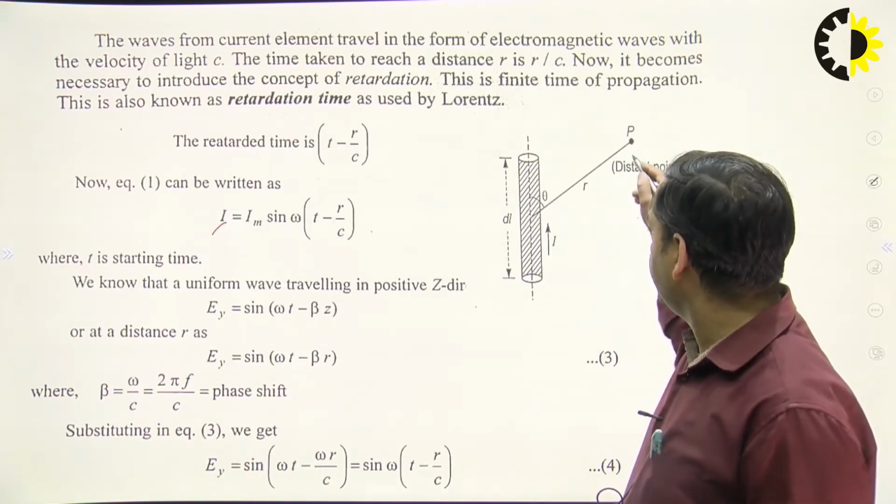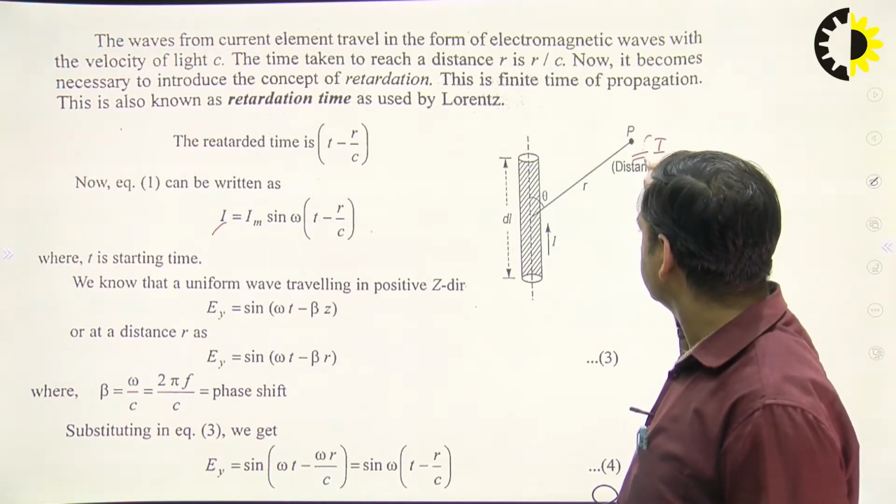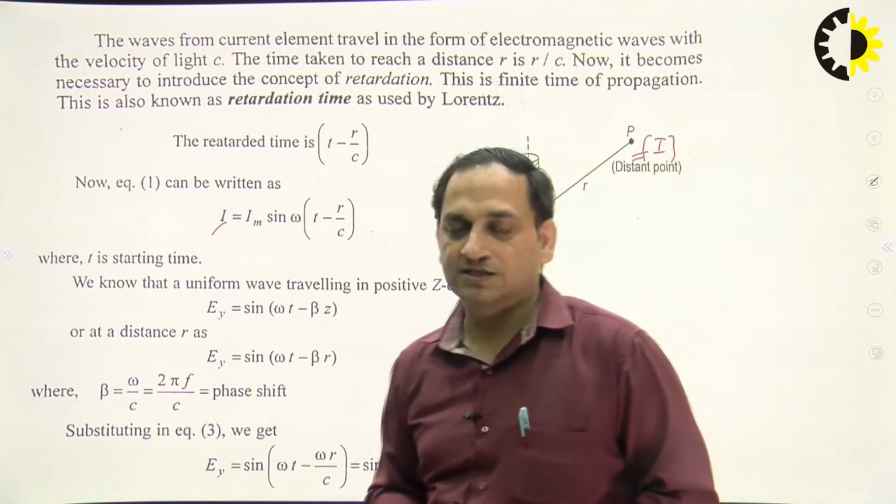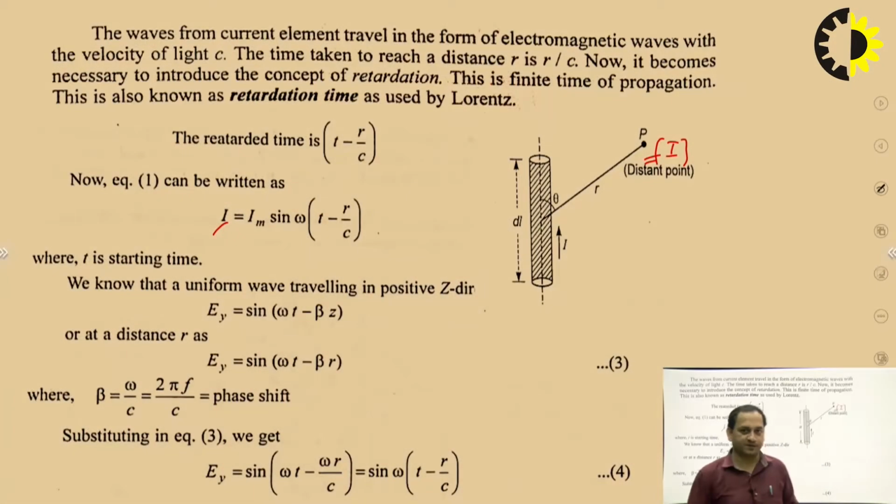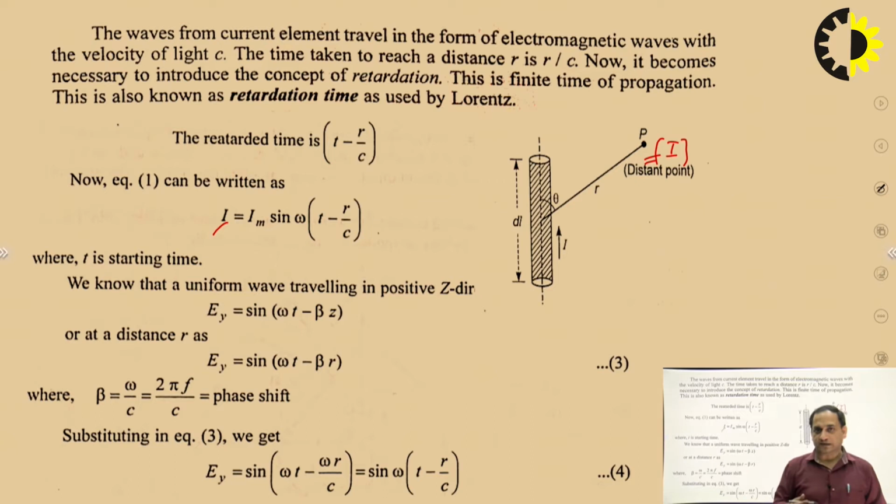So at the point P, this current becomes Im sin omega t minus R upon c. This is the retarded current at point P, which occurs because the signal takes time to travel from the current conductor to the point P, right?